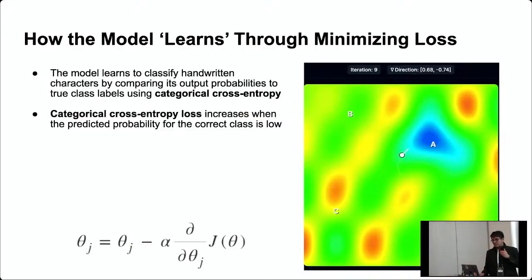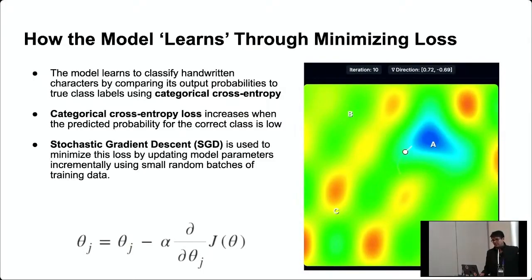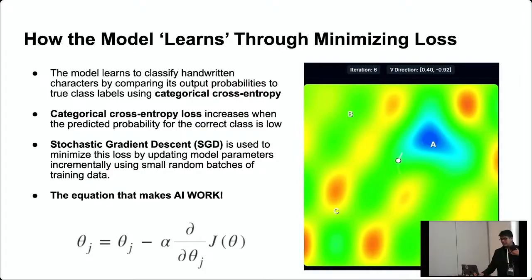This loss function creates this landscape of intelligence, and there's an algorithm called stochastic gradient descent, which allows the model to hone in on this space to find out where the correct letter is. So this is what's happening under the hood. If people are interested in what the AI is looking at, it's something like this, and actually quite fascinating. And this equation on the bottom, which is called the gradient descent equation, is what makes all AI work, the current version of AI.